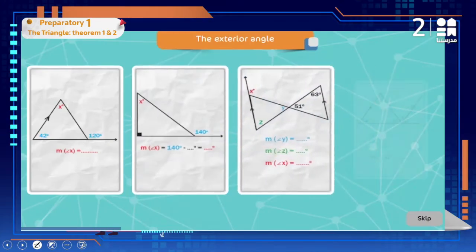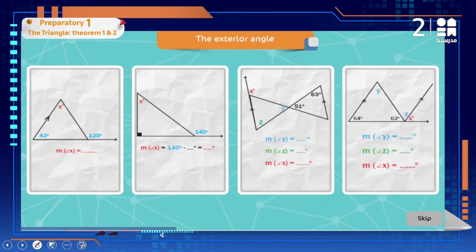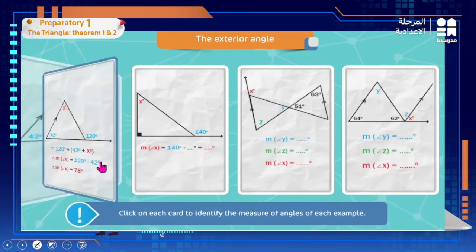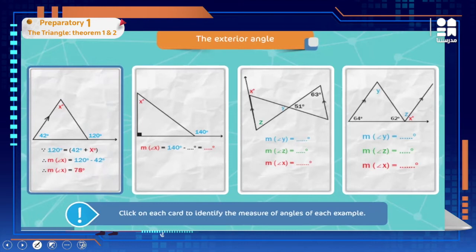The relation between the exterior angle and the two non-adjacent interior angles. Now we ought to solve more exercises using these rules. So in each of the following figures, calculate the value of the unknown symbol. Let's start. Since the measure of the exterior angle of a triangle equals the sum of the measures of the two interior non-adjacent angles, therefore x plus 42 equals 120 degrees.